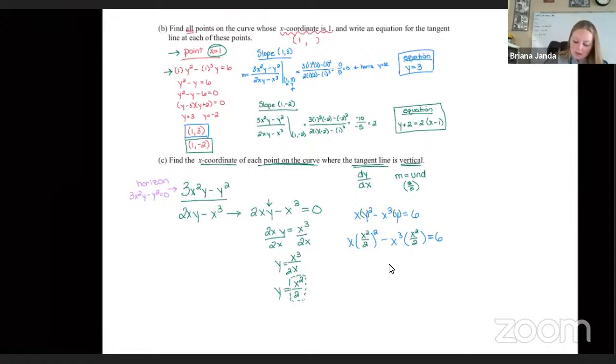And now I have this equation right here, one equation with one variable in it, which means I can solve for that variable, which is the variable they were asking for, the x coordinates, and I have it written in terms of x. So now we just need to do the algebra to simplify this. So I'm going to square this. Make this look like a fraction and multiply straight across the top, straight across the bottom.